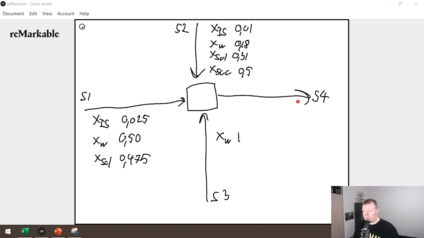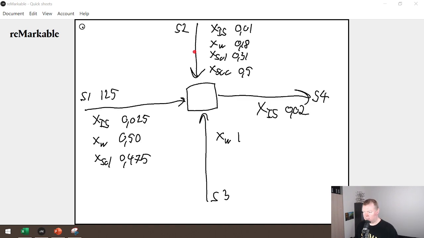For our exiting stream, all we know about that one is that we want to dilute it so that our concentration of invert sugar needs to be 2%. In terms of masses, I'm told that I take 125 kilograms over here.